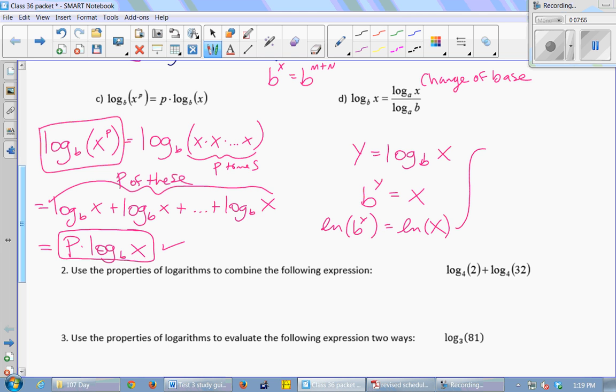All right. Then, on the left side of this equation, I'm going to apply property C. This is ln of b to the y. Property C says that when you take the ln of something to an exponent, you can take that exponent and bring it down in front. So this says y times the ln of b equals the ln of x, which means that y is the ln of x divided by the ln of b.